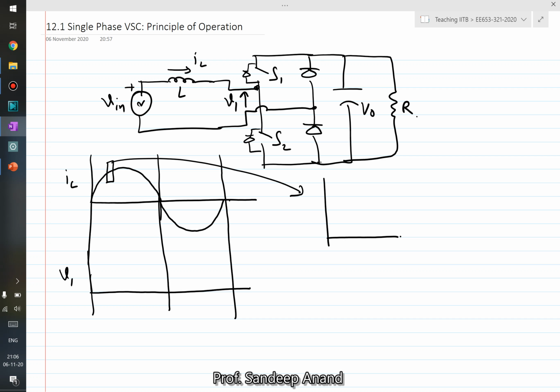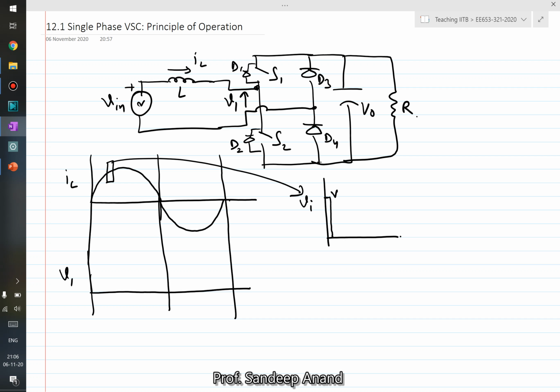So when both switches S1 and S2 are open, the current will flow through diode D1 and will return through diode D4, right? So in that case the voltage V1 would be equal to VO.